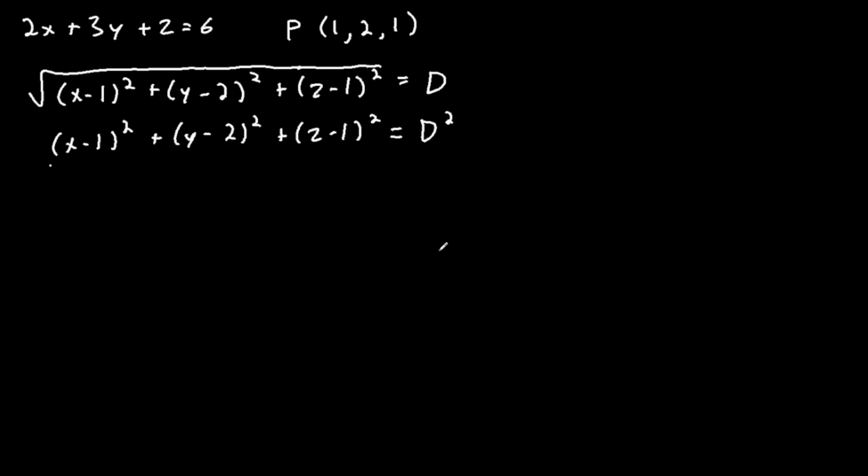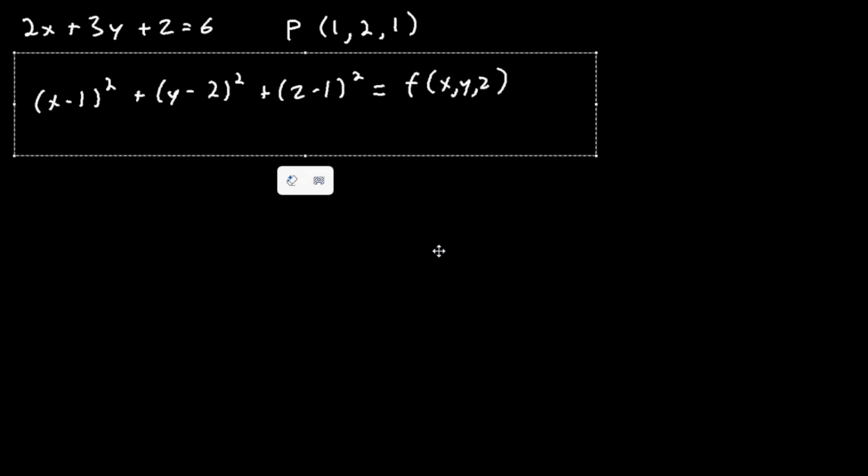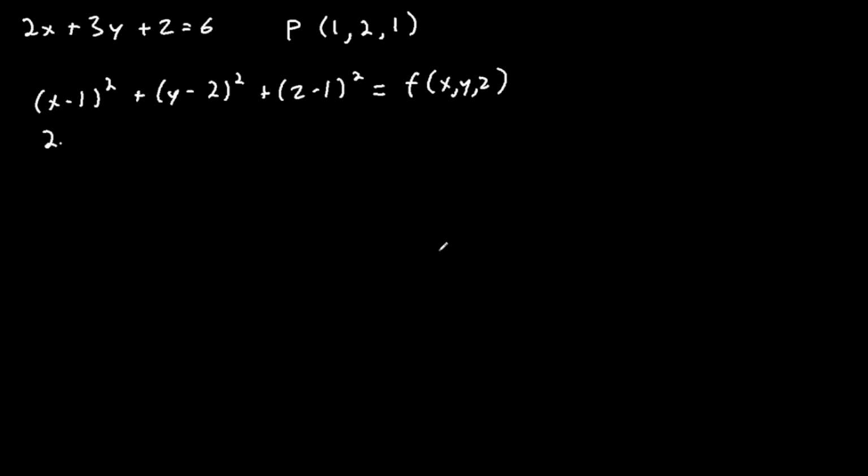Okay, let's keep going. So now that we have our actual function, this will be defined as our f function in this case, and just remember that this is distance squared. And 2x plus 3y plus z minus 3 is equal to our g function. So this is our constraint, our g function, and our main function is f.